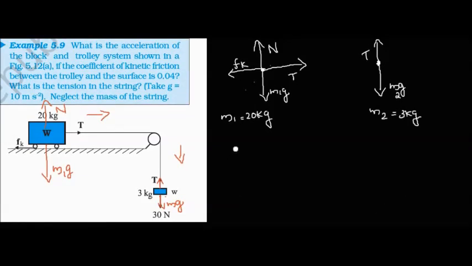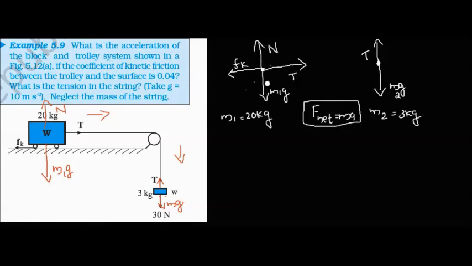First we will write the equation for the trolley box with mass 20 kg. I have to apply the net force experienced is equal to m into a, Newton's second law, to both the cases. First I am applying it along the vertical direction.